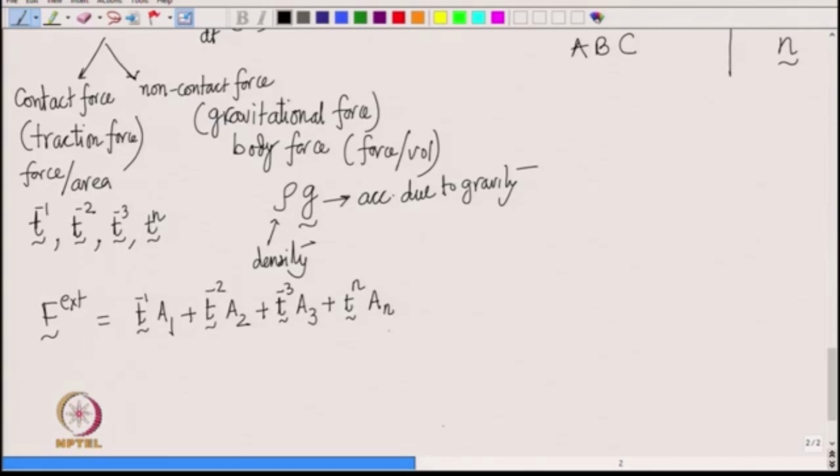So, this is the total contact force, plus the force due to the body force.